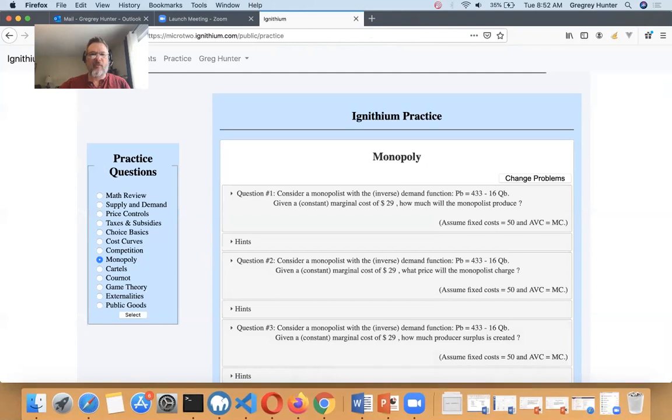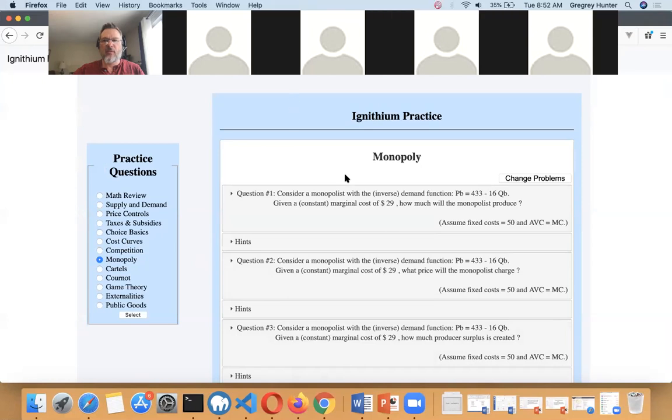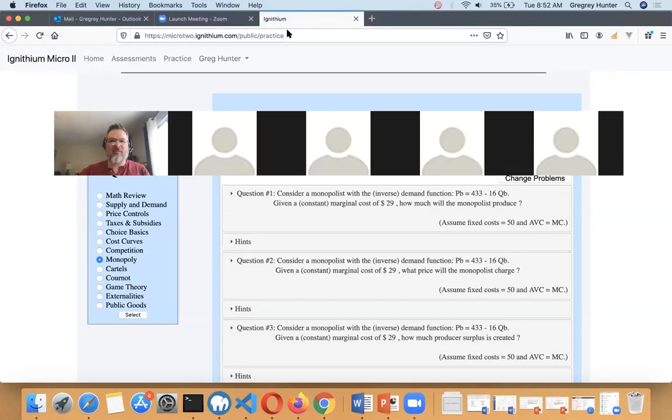The Zoom interface on my side is more complicated because I'm doing different stuff.